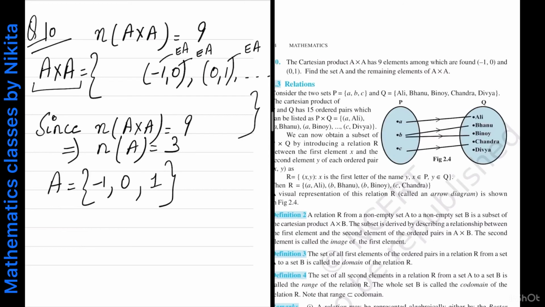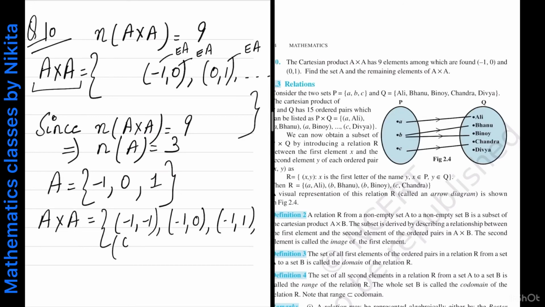Now from this information, now I have what is A cross A equal to. So A cross A will be equal to (-1, -1), (-1, 0), (-1, 1), (0, -1), (0, 0), (0, 1), (1, -1), (1, 0), (1, 1).